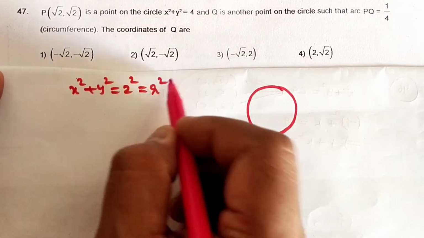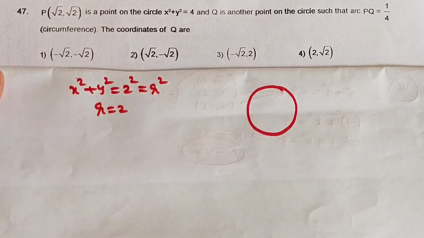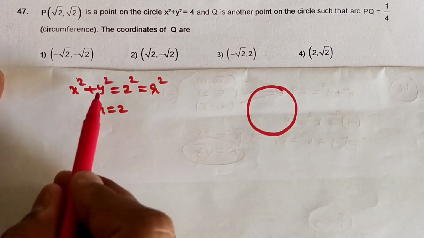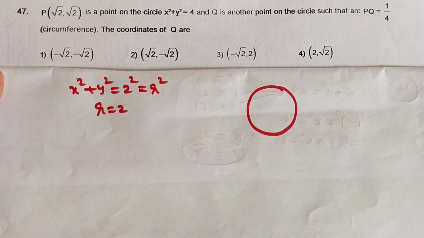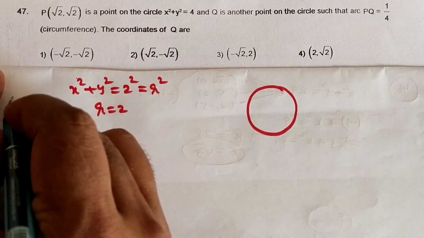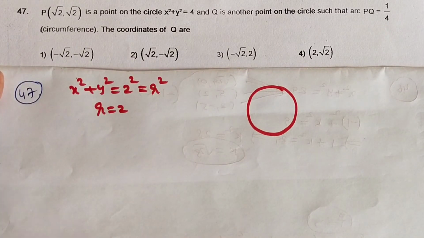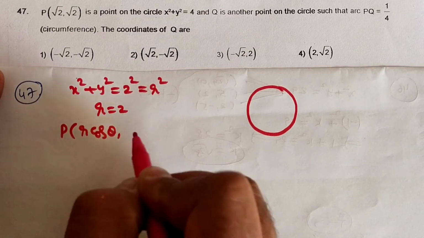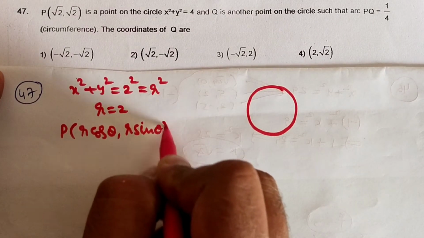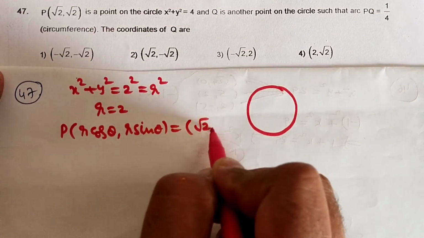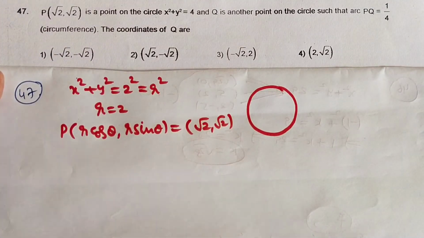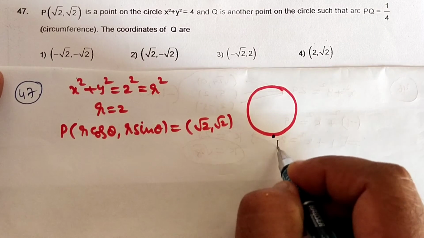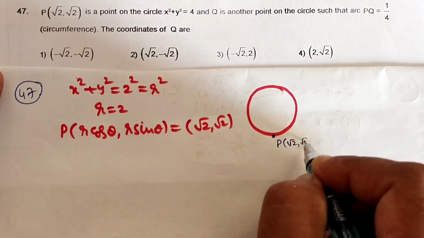So comparing with r square, r is equal to 2. Whenever the circle is x square plus y square equal to r square, the parametric point we can write as r cos theta comma r sin theta. But this point is given as root 2 comma root 2, one of the points on the circle. Here I am taking P of root 2 comma root 2, as they mentioned.